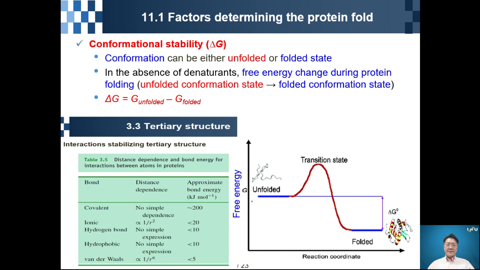In this slide, I will explain a new terminology, conformational stability, delta G. Conformation can be either unfolded or folded status. Previously in chapter 3, we learned the interactions stabilizing tertiary structure.